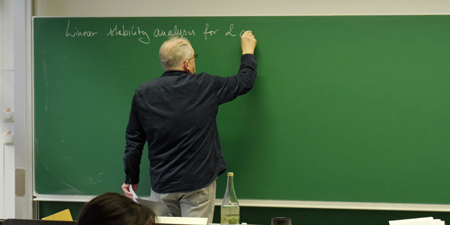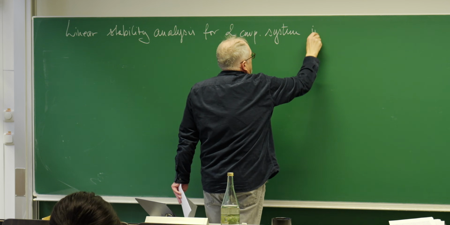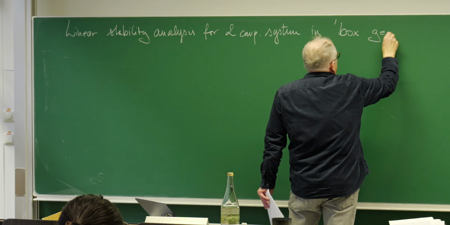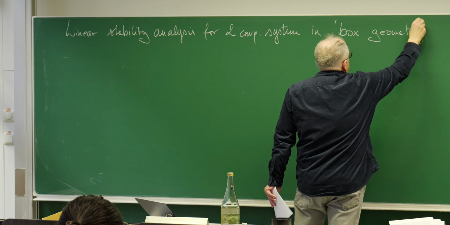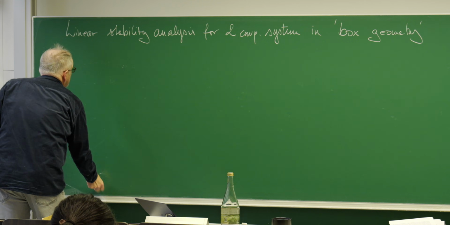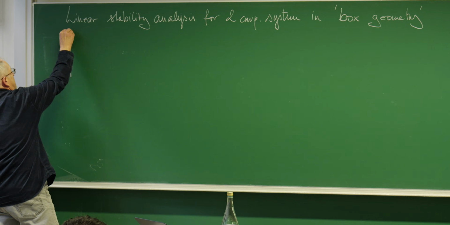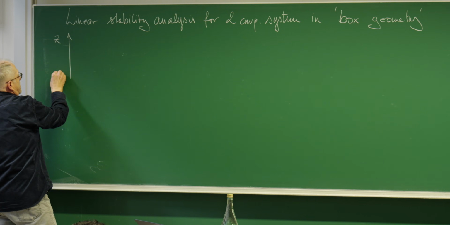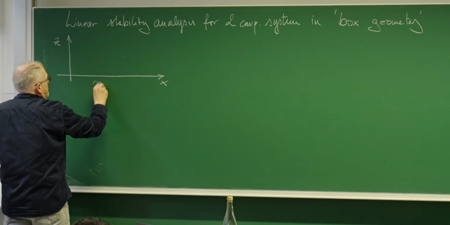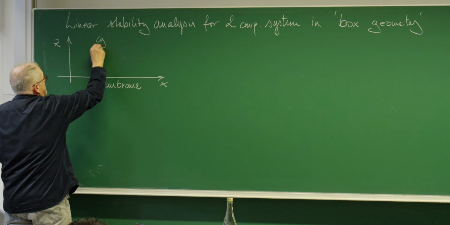For a two-component system in what we called a box geometry. So our setup is that we do have a direction Z that defines the direction into the cytosol, and we have the direction X that indicates our membrane coordinate.